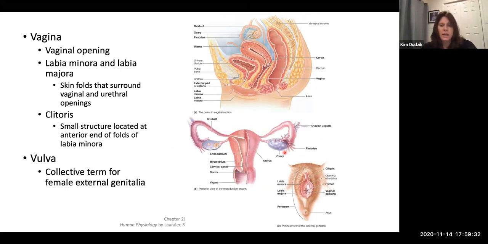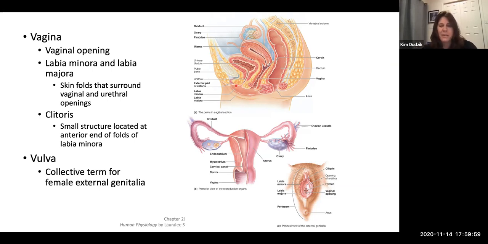So the vagina is open to the external environment by the vaginal opening. Then the external structures, you have folds of skin, the labia minora and the labia majora, right? There's the minora, there's the majora. And these are just skin folds around the vaginal and urethral openings for protection.